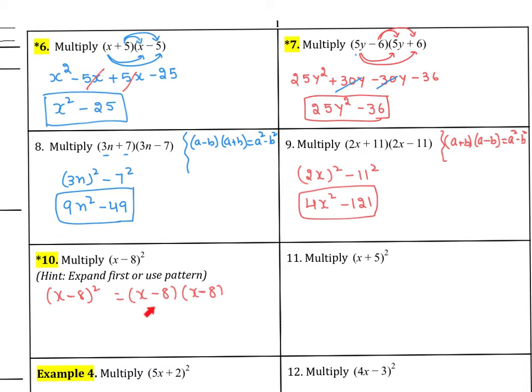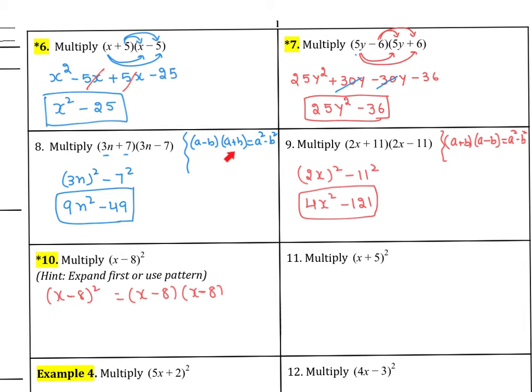Just remember that this formula is going to be different, because once we use the difference of squares, you have one plus sign and one minus sign. In this case, both of them are negative. So sometimes students make mistakes by using the same formula as this one.